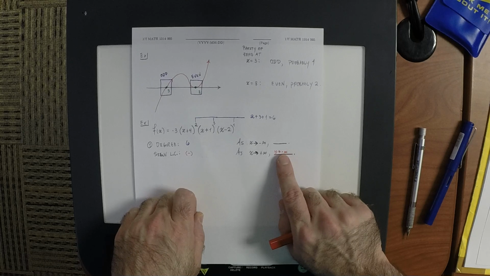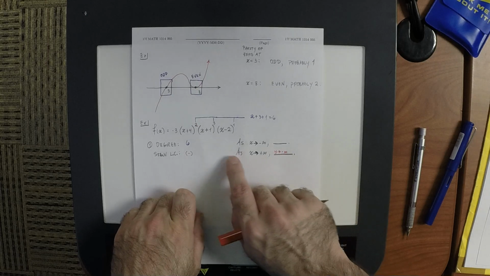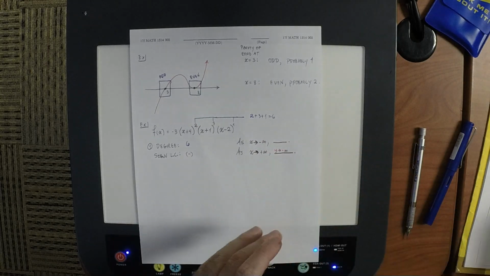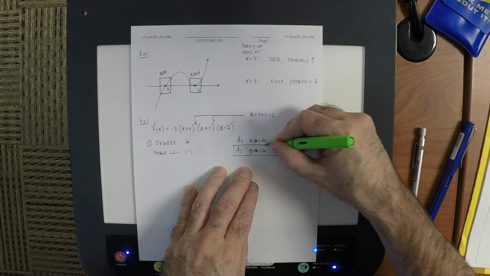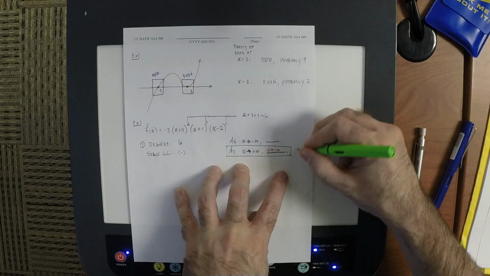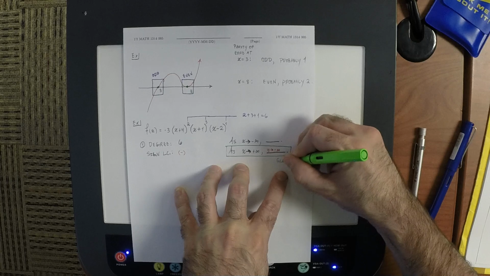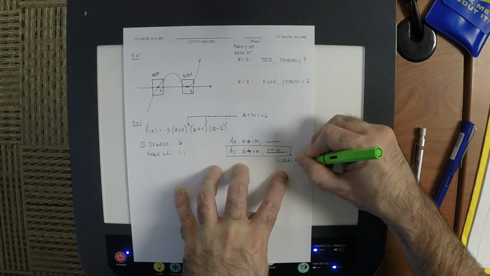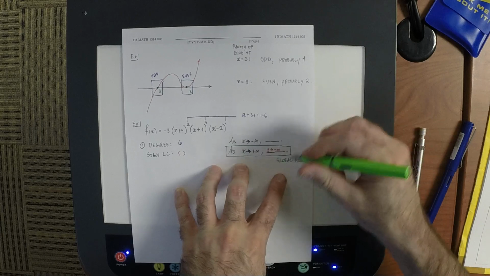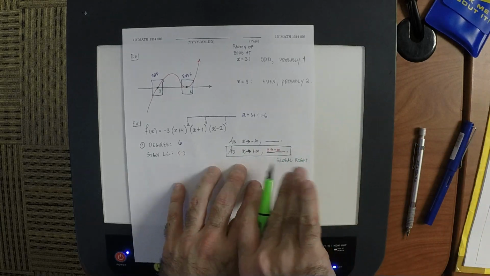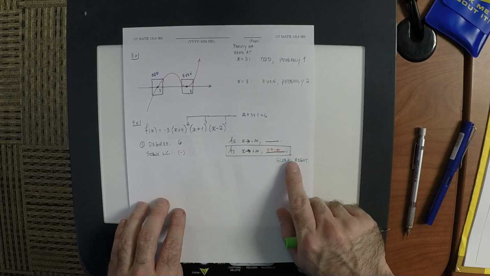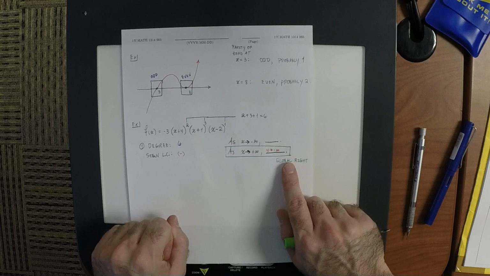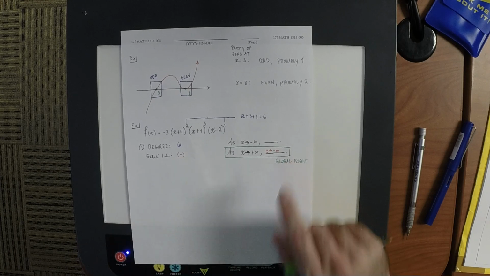Because what's negative? Well, this statement is a statement about the global right behavior. So what I mean is the part of the global behavior that's on the right. That's what this one is saying. And we know it has to be going down. Why do we know it has to be going down? Because the leading coefficient is negative.